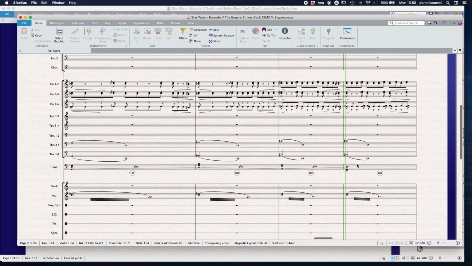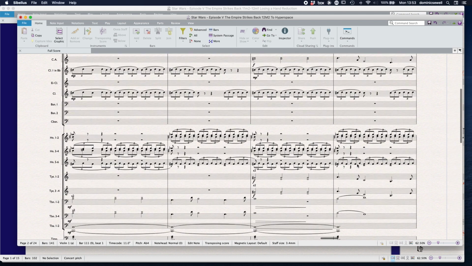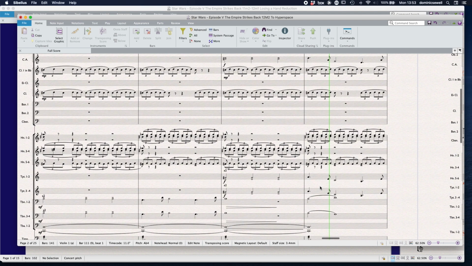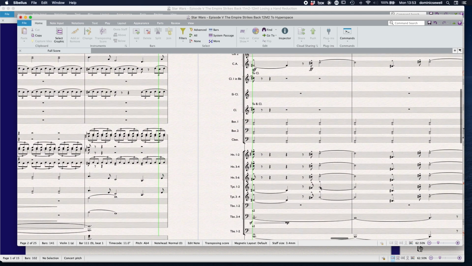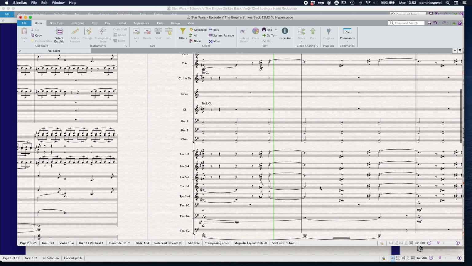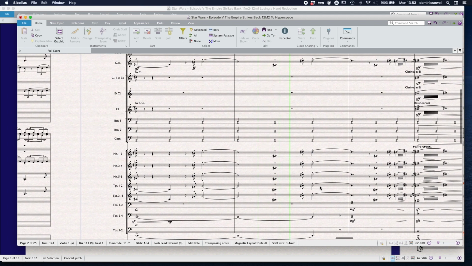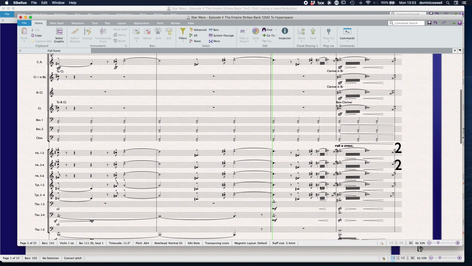Octave sort of trills. More Imperial March. Trumpets taking over. So a real sort of coda.